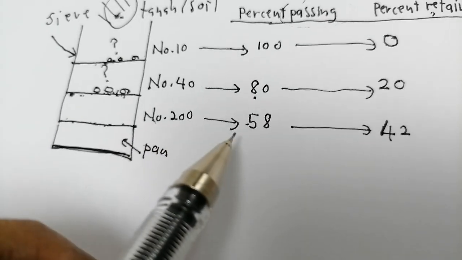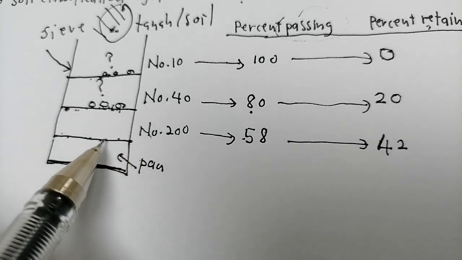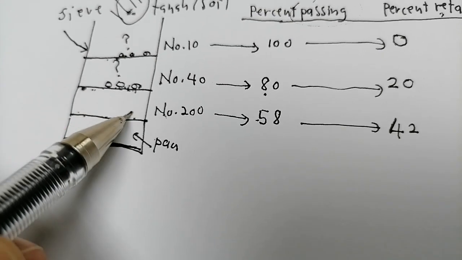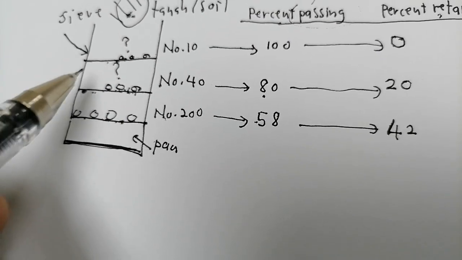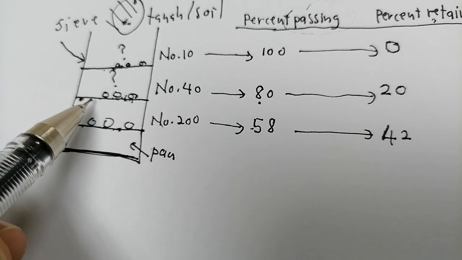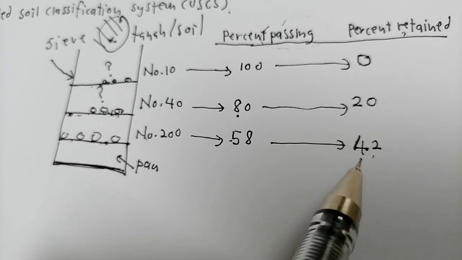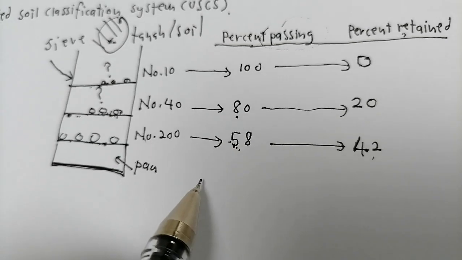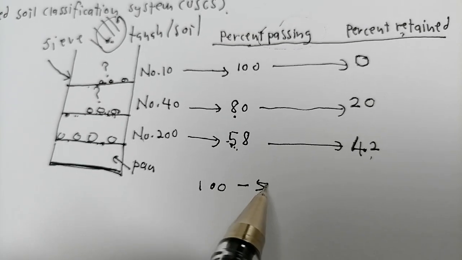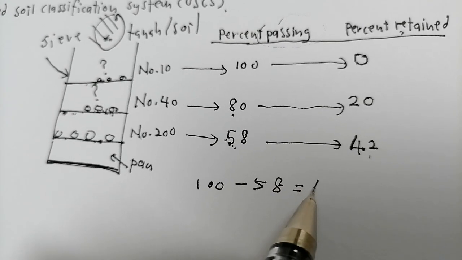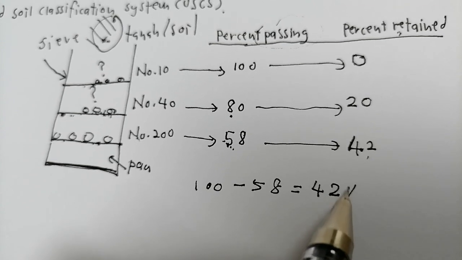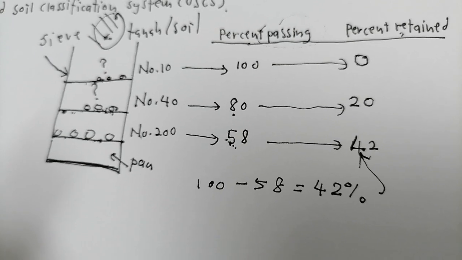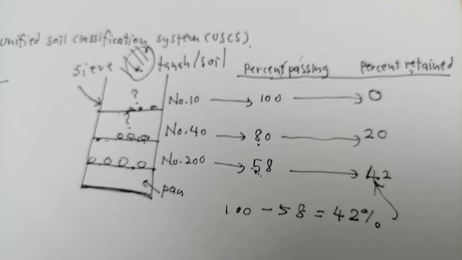Okay, so if 58% boleh melepasi 200, maksudnya yang akan tertahan on number 200 sieve is 42%. Betul? 100% minus 58, 100 minus 58 equals 42%, which is this one. Right? Okay, so do this first.